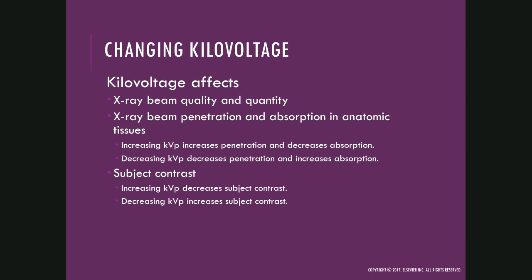When we talk about subject contrast, it's basically the mix of energies that are going to exit the patient's body. When I think about contrast, I'm thinking about the mix of energies, whether it's when we're using a higher KVP and we have a higher average energy, or if we're using a lower KVP and maybe not as many photons are going to exit the patient because they're going to be more likely to be attenuated, those kind of things.